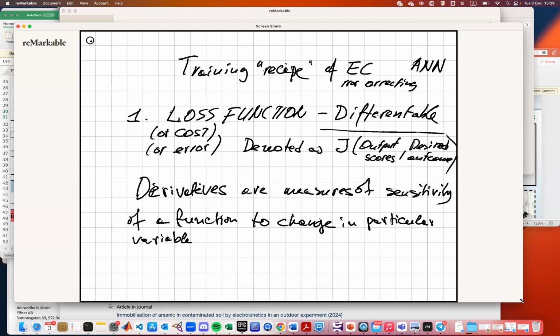But what we are doing here is essentially the whole learning is about taking partial derivatives of this cost function. So I put this f of x, in vector notation now, and the ground truth.